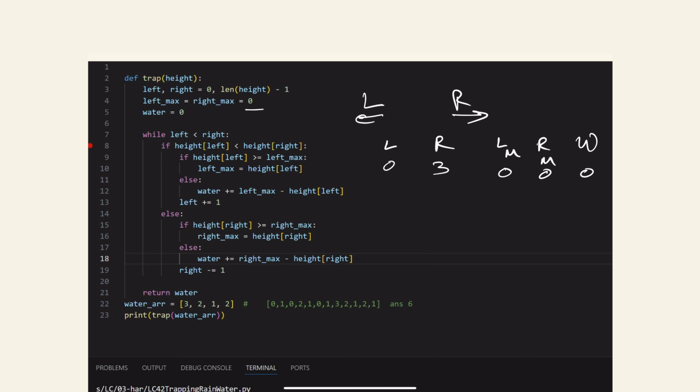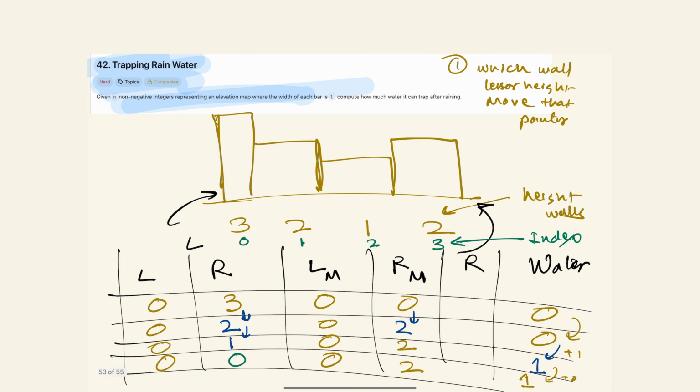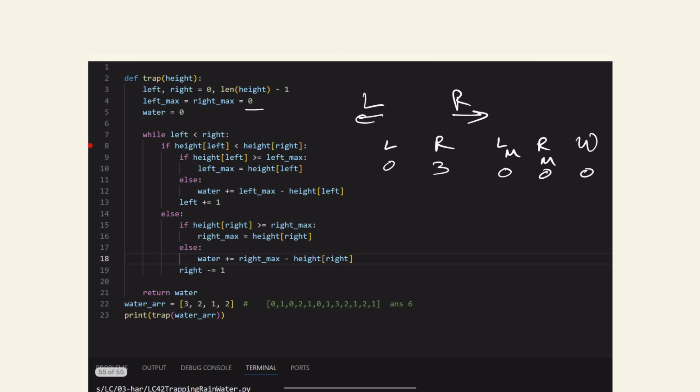Otherwise, in the second iteration, what we got was a lesser height compared to R max, which was 2. So the difference is the amount of water it will be holding. If right max is higher, then it is right max minus the height of the wall, which is 2 minus 1.